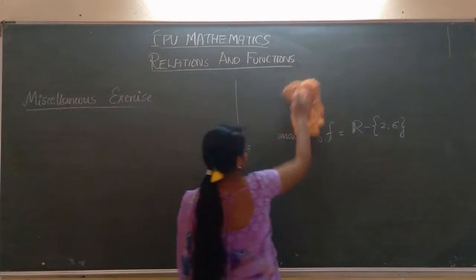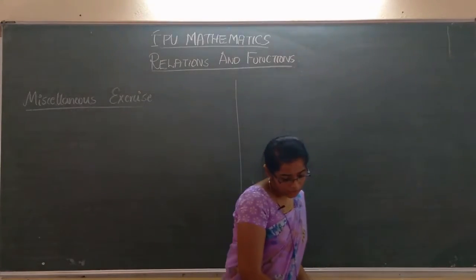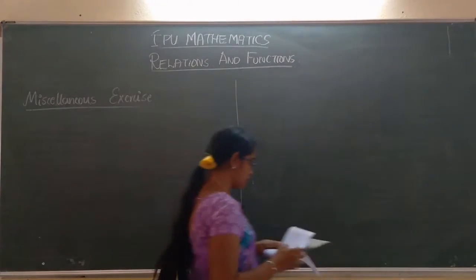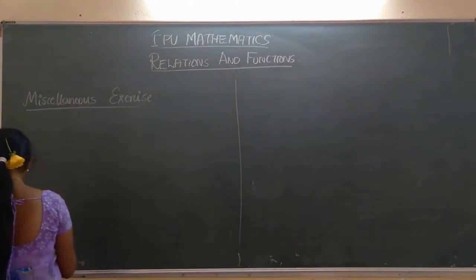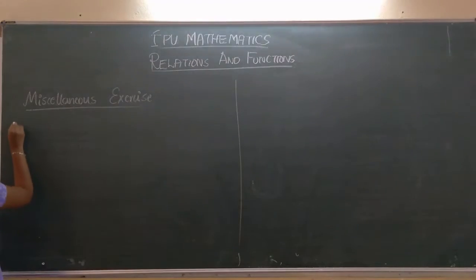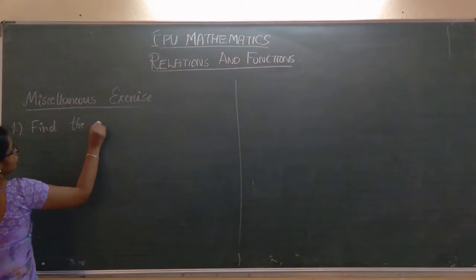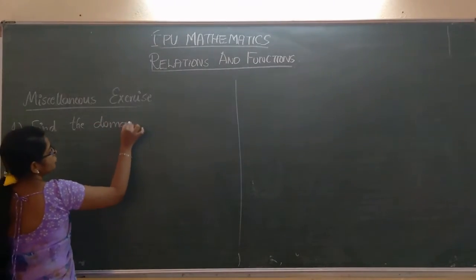So, moving on to the next problem. The next problem is, find the domain and range of the real function f defined by, find the domain and the range, both you should calculate.